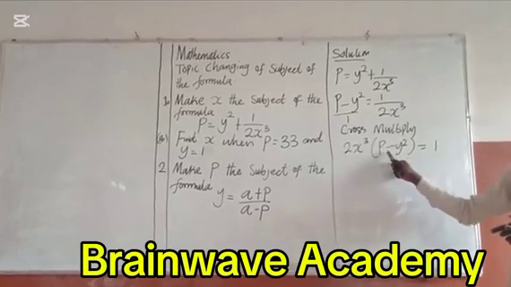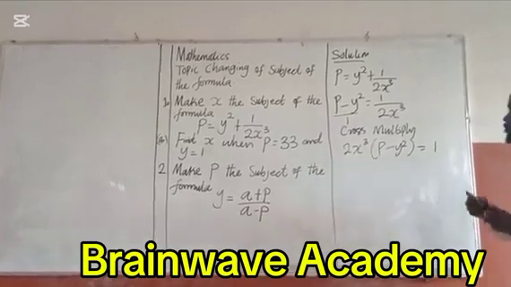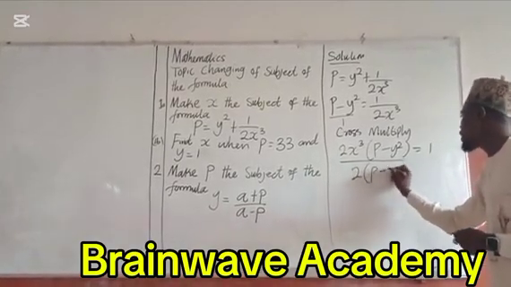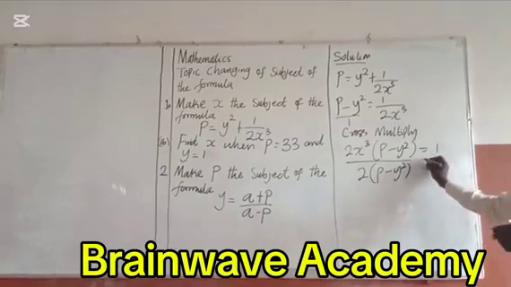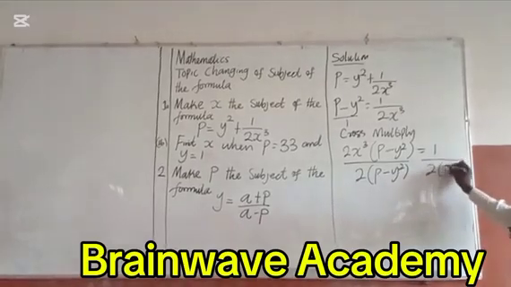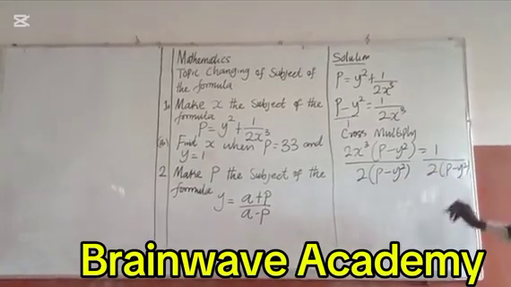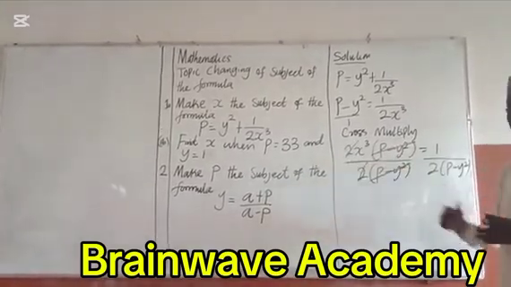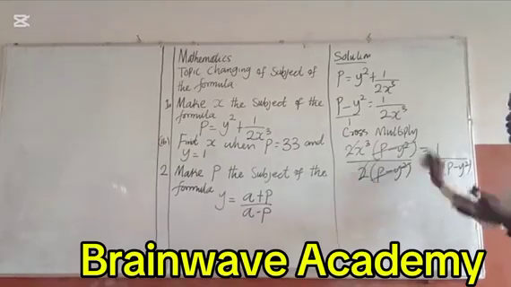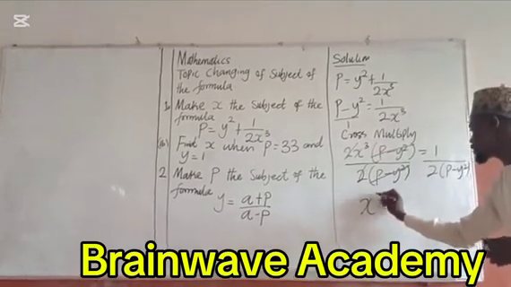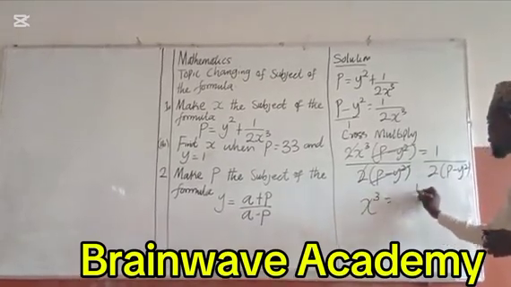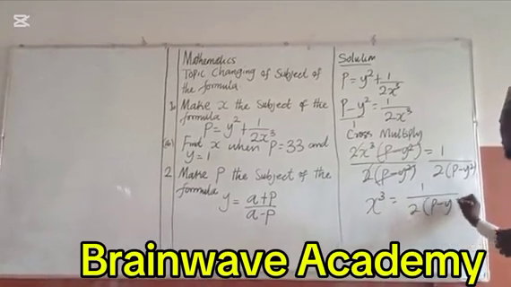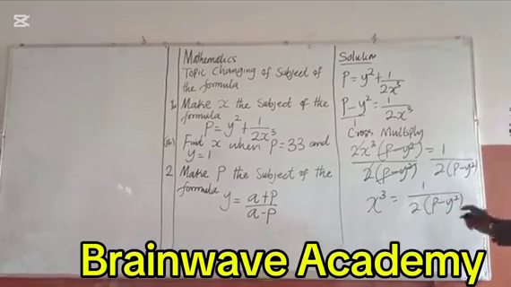We have to divide both sides by 2 open bracket P minus Y square. So this will eliminate this, and we are going to have S raised to power 3 is equal to 1 all over 2 open bracket P minus Y square close bracket.